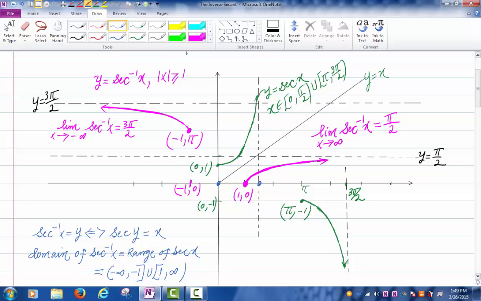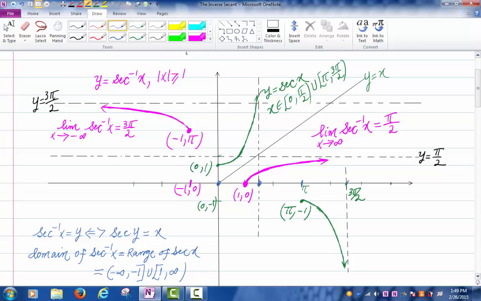If you don't know how to obtain the graph of secant for now, just believe me. The graph of secant from 0 to pi over 2 is the green curve on that interval. And then I am looking at the graph of secant from pi to 3 pi over 2. So from pi right here to 3 pi over 2, I am getting another part of the graph of secant. Okay, is everybody clear?